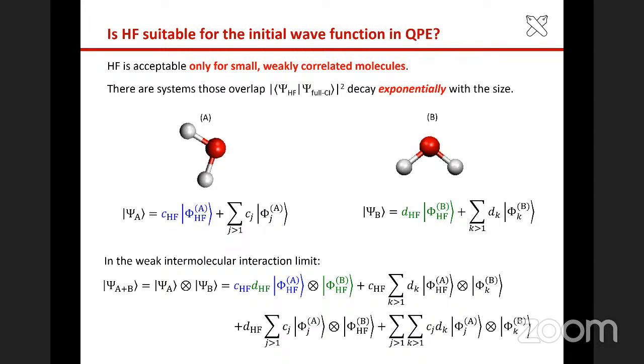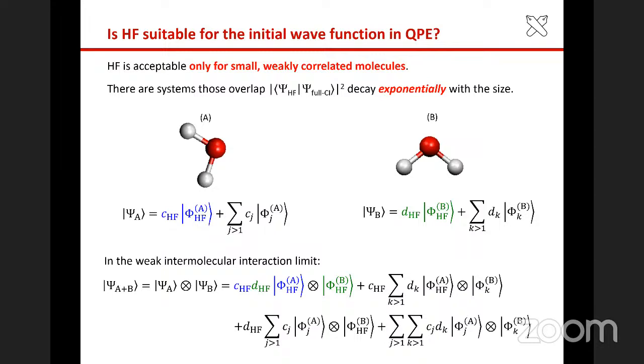And the coefficient for the Hartree-Fock configuration is C_HF times D_HF. So roughly speaking, if C_HF equals D_HF equals 0.9, the Hartree-Fock coefficient for the water molecule dimer becomes 0.9 squared, which is 0.81.